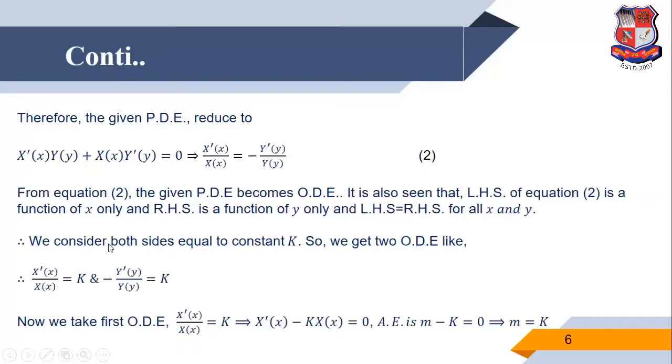Therefore we consider both sides equal to a constant k. So we get two ordinary differential equations: X'/X = k and -Y'/Y = k.